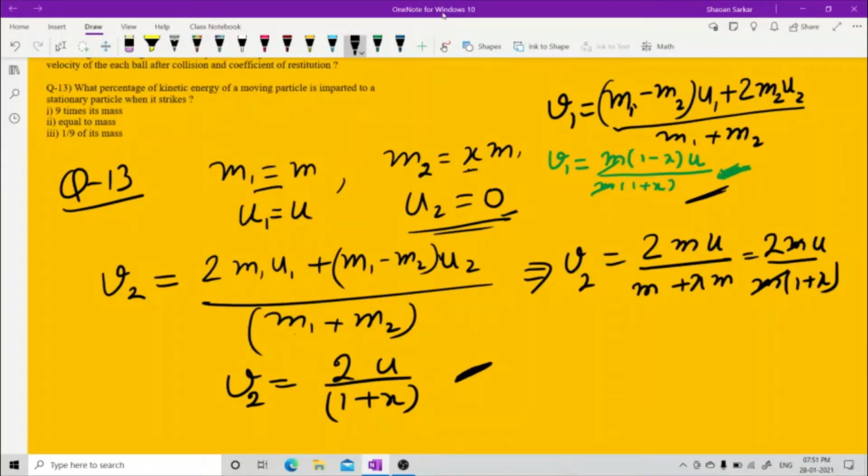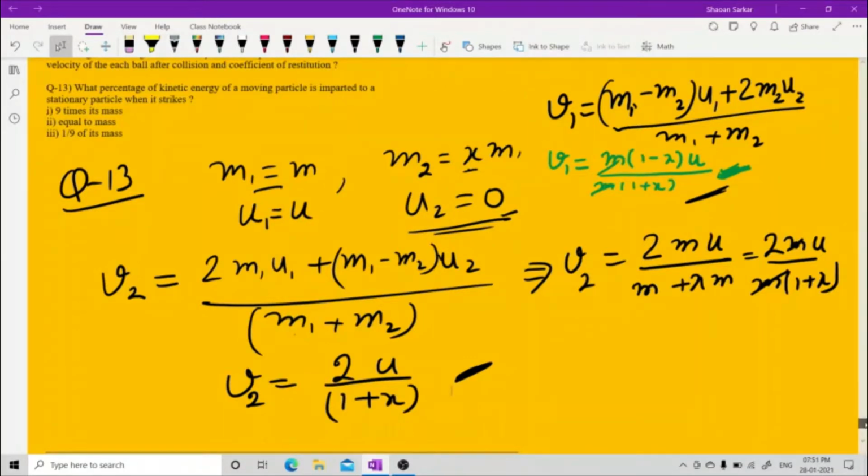I want to see the percentage transfer of energy, that is the kinetic energy. You know, in smaller classes, you have read formulas like profit upon cost price into 100 gives you the profit percent. This is somewhat the same type of problem.